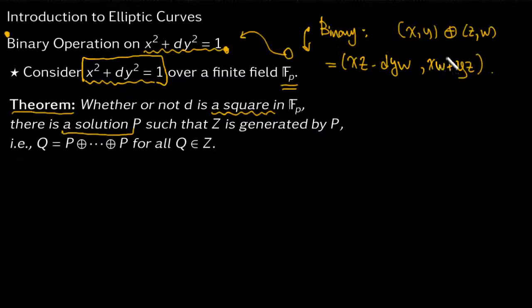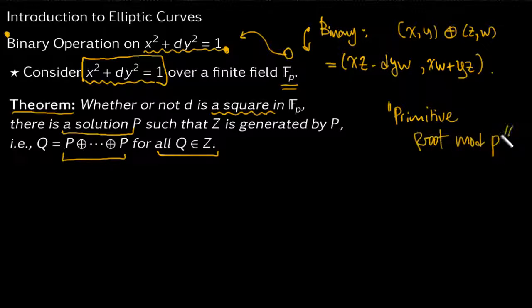So under this binary operation, if you just keep repeating, operating on itself, it's going to reach all the points in this set. So it looks a lot like primitive roots mod p, which is usually introduced in an elementary number theory course, and in fact the way this was proved is exactly using this fact.